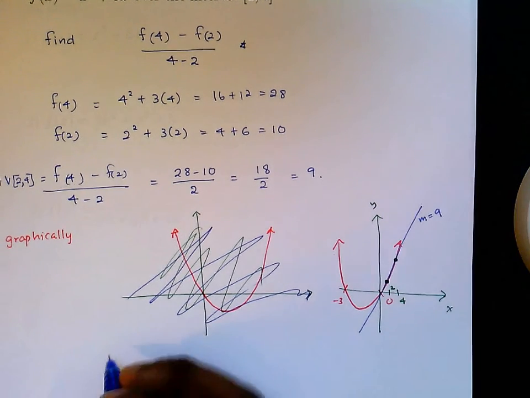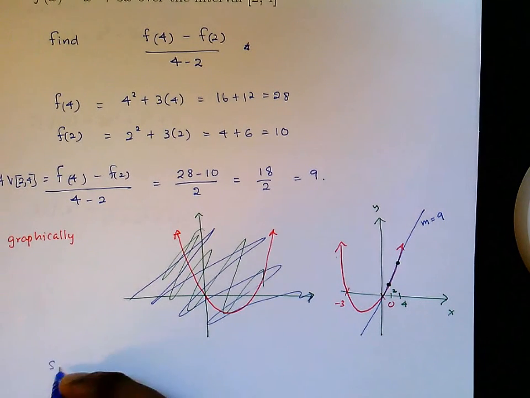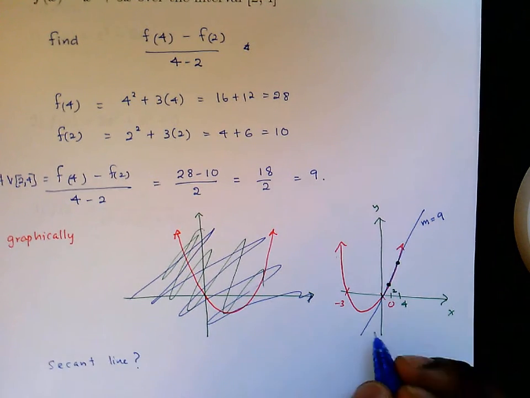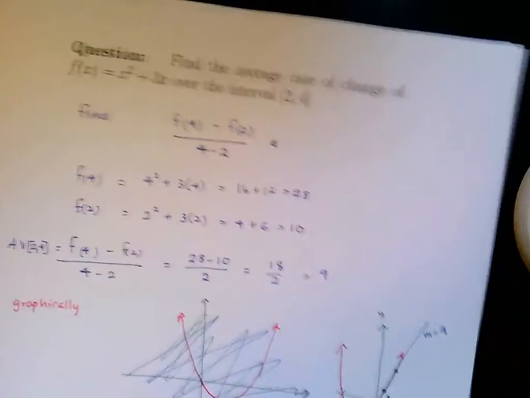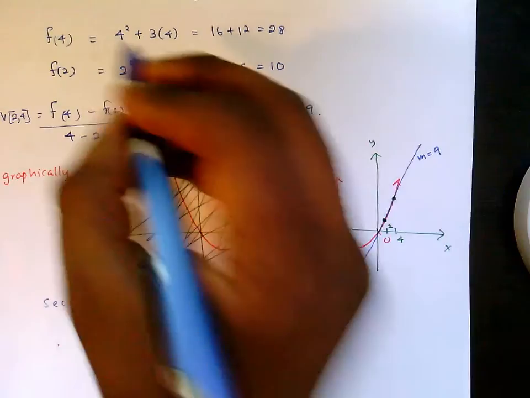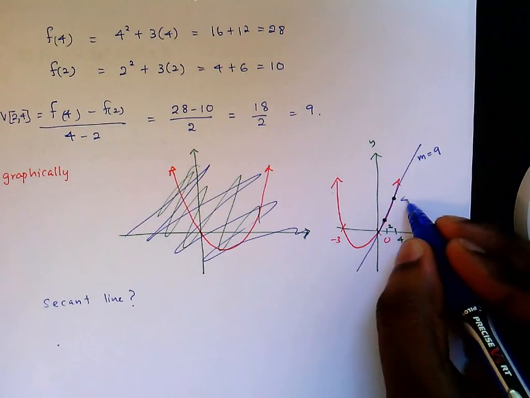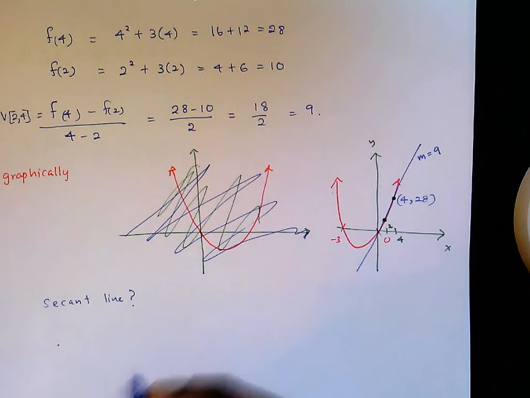And if I wanted to make this harder and ask you what's the equation of the secant line, what you do is find a point, and one of those points, as you found here, is (4, 28), and use the point-slope formula.